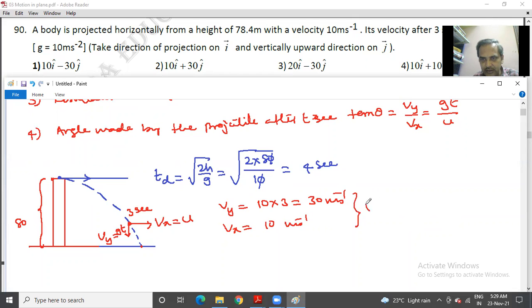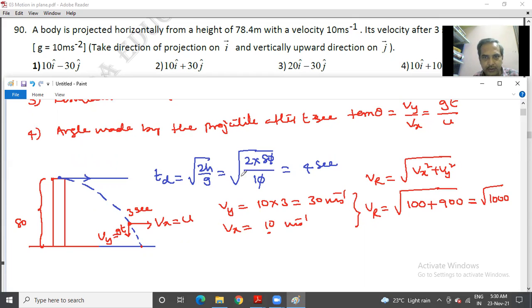Now the resultant Vr is equal to root over Vx square plus Vy square. 10 square means 100, 30 square means 900. It will be root 1000.